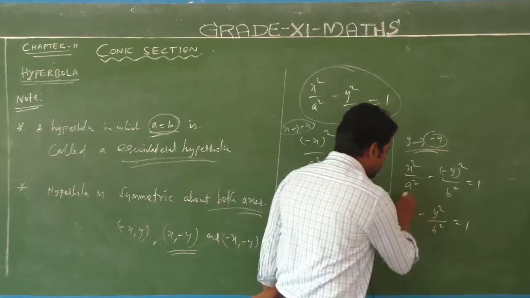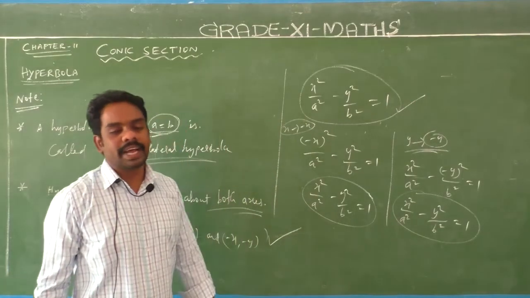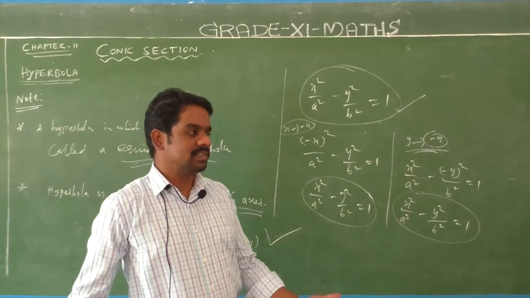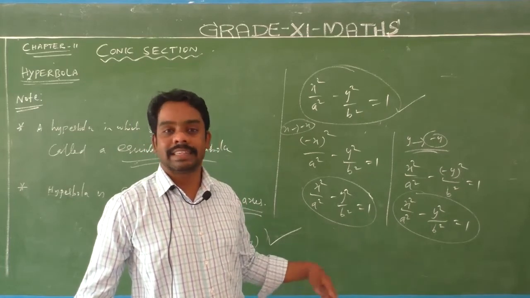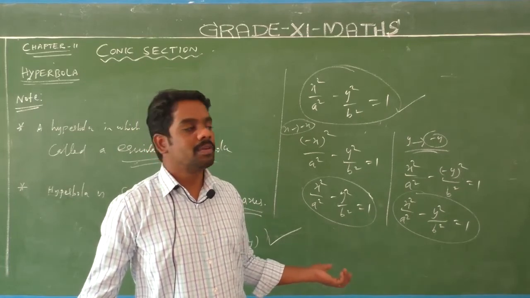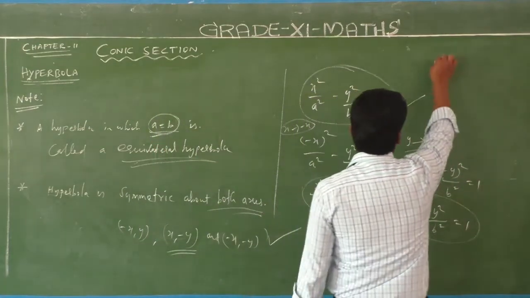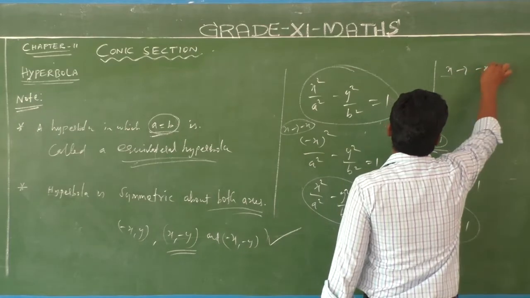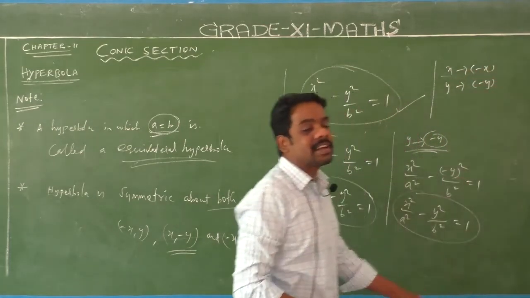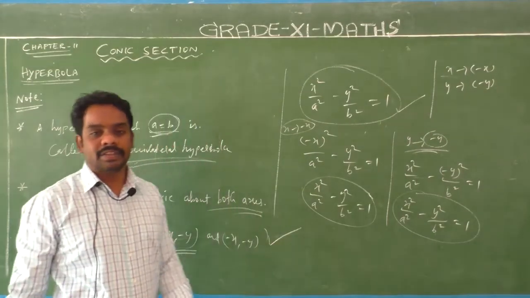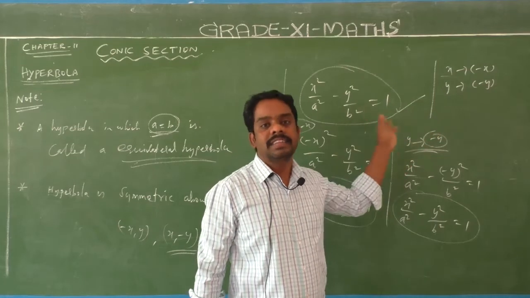So this equation is the same as the initial equation. When y is replaced by minus y, the equation is unaltered. Therefore, this given equation is symmetric about the x-axis. Similarly, when x is replaced by minus x and y by minus y, that is the point (minus x, minus y), substituting into the equation, the equation is again unaltered.